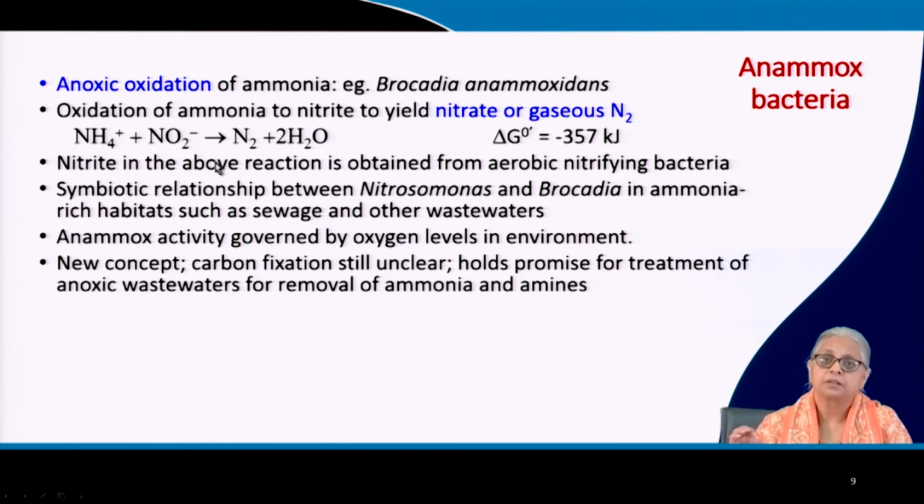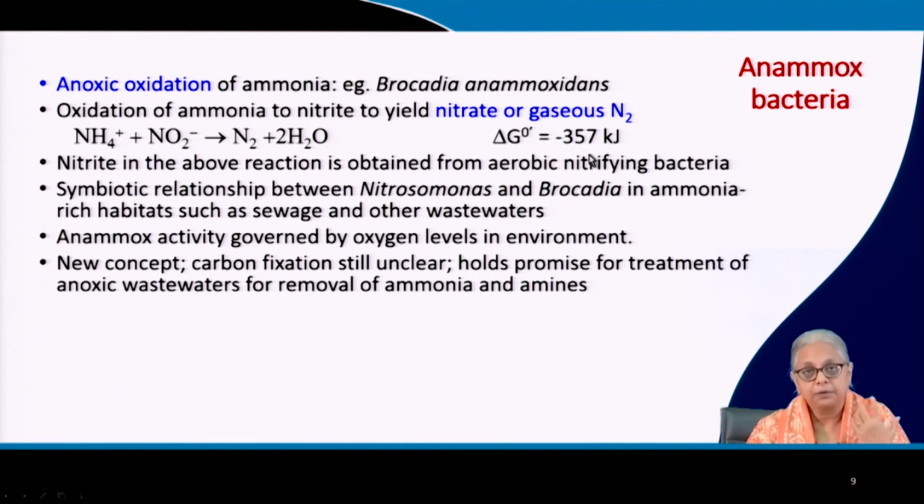However, this is a very important part of the biogeochemical cycle of nitrogen, because it basically results from the combination of a reduced nitrogen species and an oxidized nitrogen species, and puts nitrogen back in the atmosphere. So this is a very important point, and you can see that the delta G0' for this reaction is fairly high.